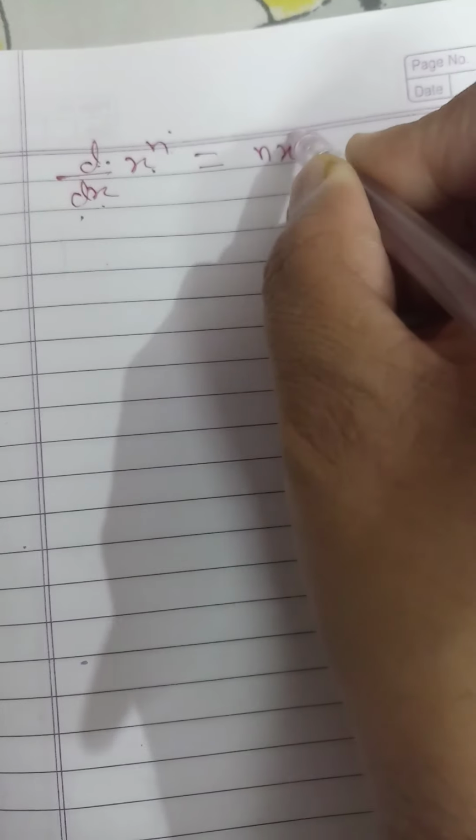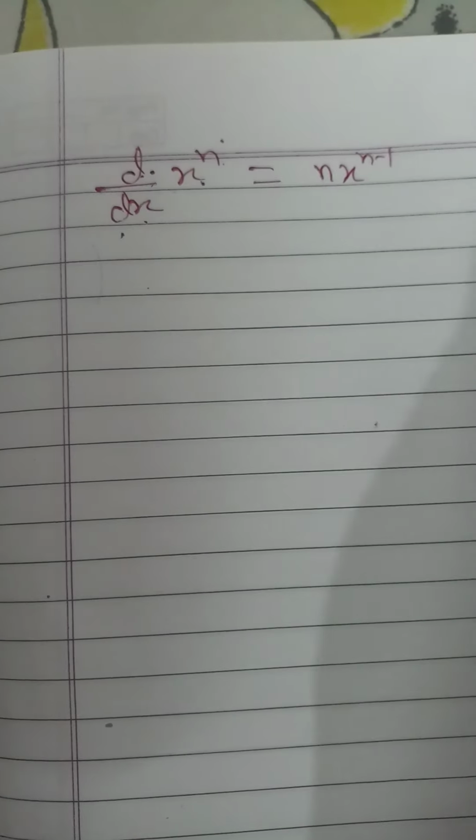I will write n times x to the power n minus 1. The formula for differentiation of x to the power n is n x to the power n minus 1.